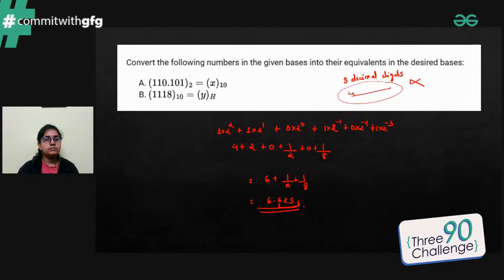His answer was more precise, but still they rejected that. So this is the learning you can take: whatever decimal digits they have specified, just write up to that. Don't write even one single digit more. If 3 they are asking, just write 3. If 4 they are asking, just write 4.